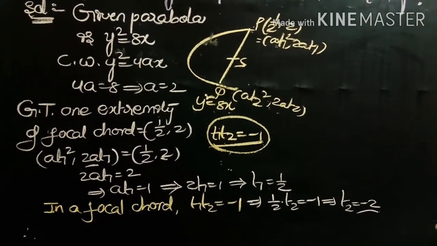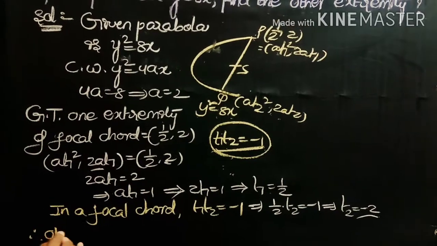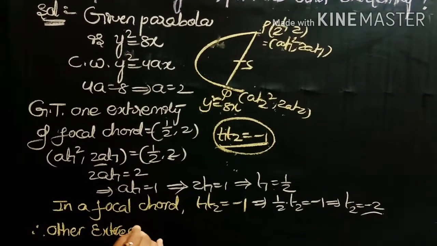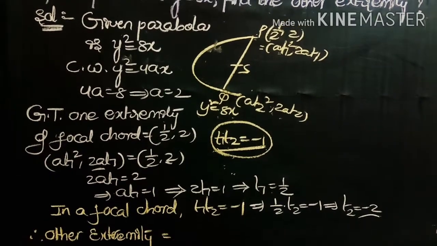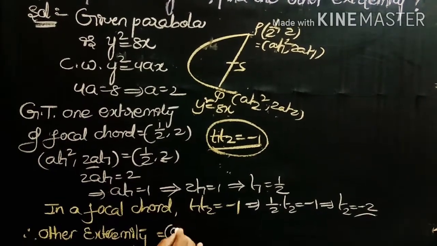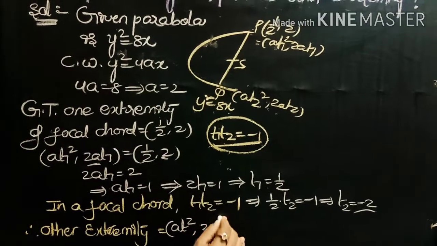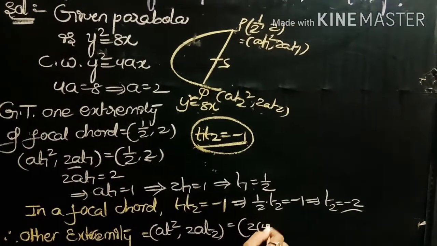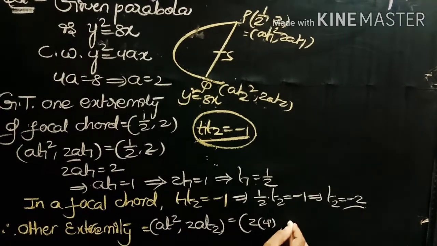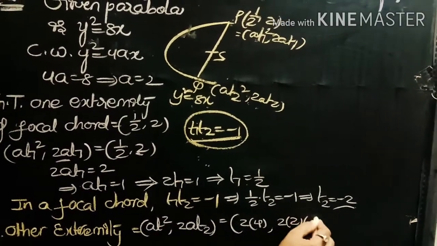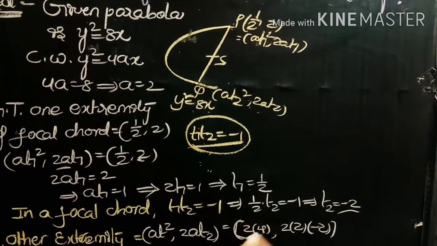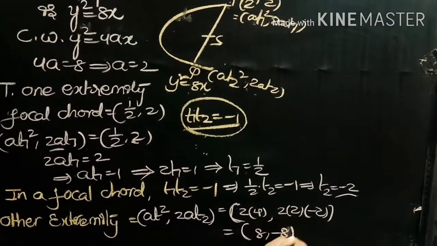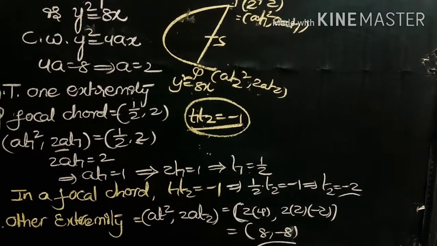Therefore, the other extremity is, by the formula, (a t2 square, 2a t2), that is 2 into (minus 2) whole square, that is 4 into 2, and 2 into 2 into minus 2 for 2a t2. So the answer is (8, minus 8). That's all.